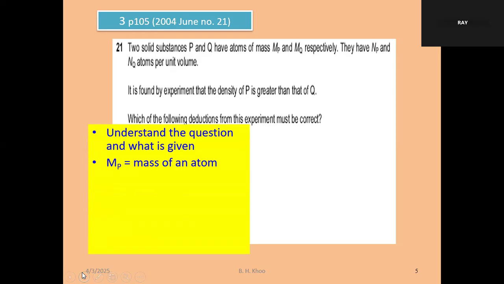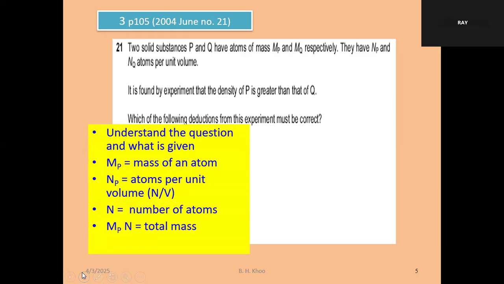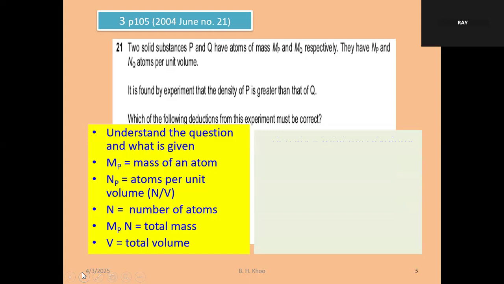Right? Mass of atom P, number of atoms per unit volume, n_P is N divided by volume, and the number of atoms. So n_P times N is total mass, V is total volume, density is total mass over total volume. Right? Total mass divided by volume.